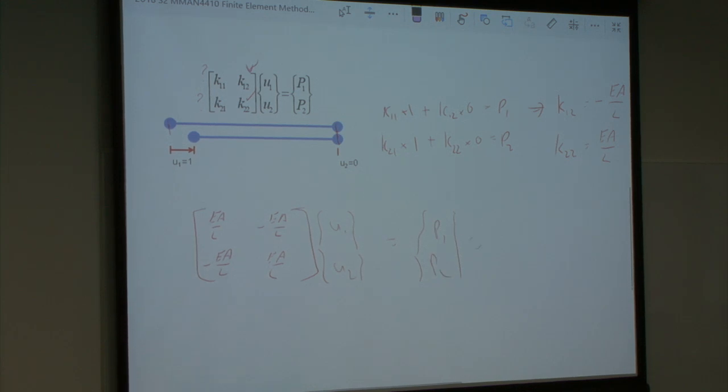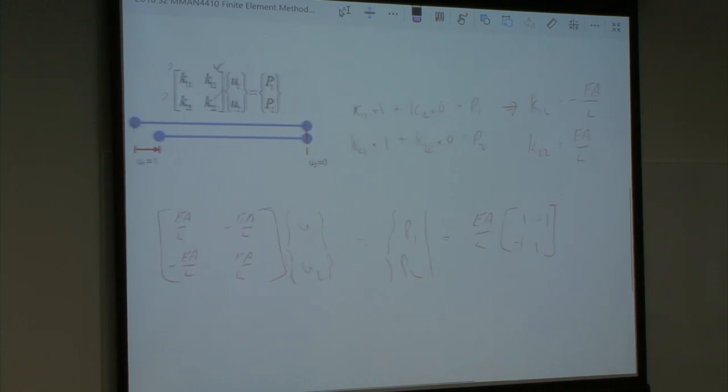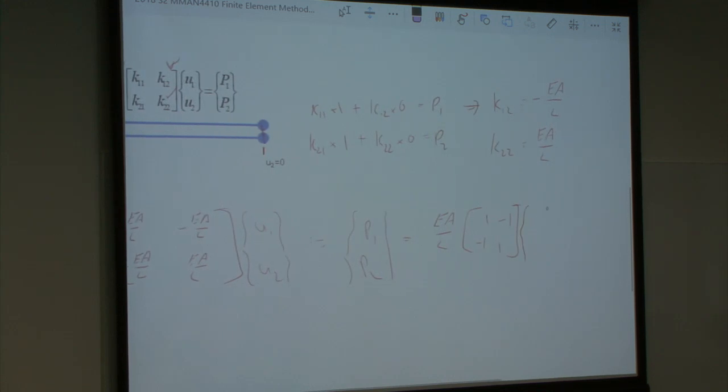Sometimes written as EA on L, 1, 1, negative 1, negative 1, U1, U2. So the matrix is commutative, so we can bring the EA and L out the front of the equation.